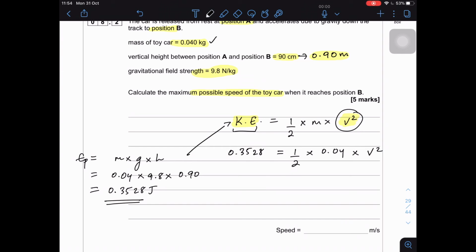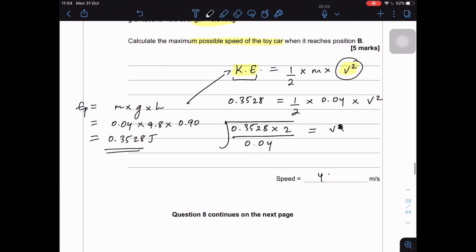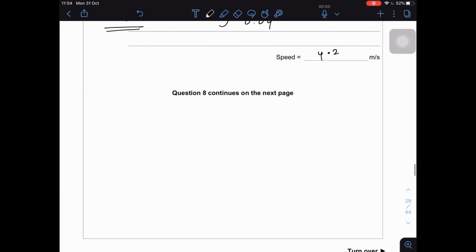Now this is quite easy. All you have to do is rearrange: 0.3528 times 2, because we are bringing it from the bottom, and then divided by 0.04 gives you v squared. And to get v from here, we cancel the square and take the square root of the whole thing, and you'll get 4.2. And that's how you get the answer.